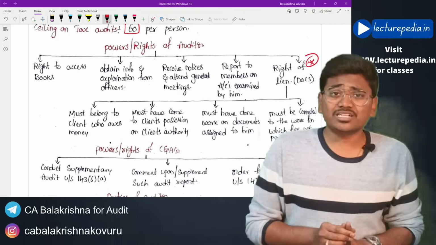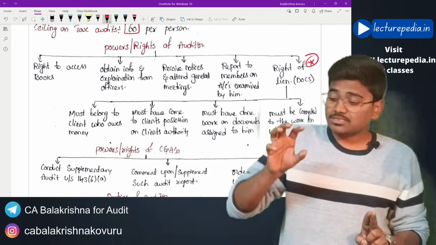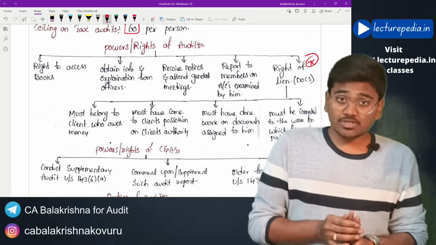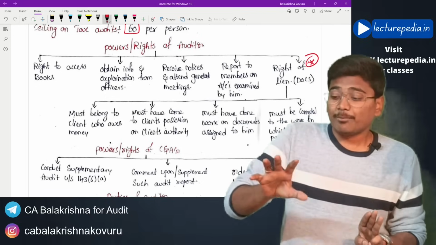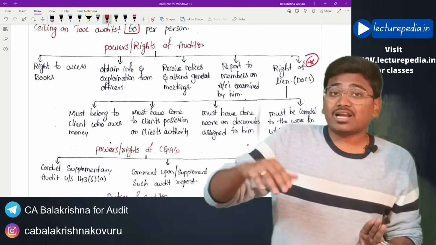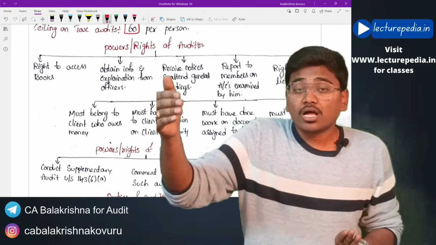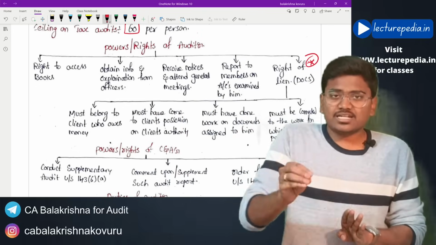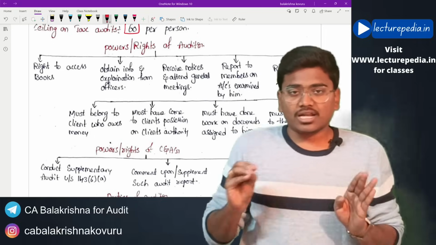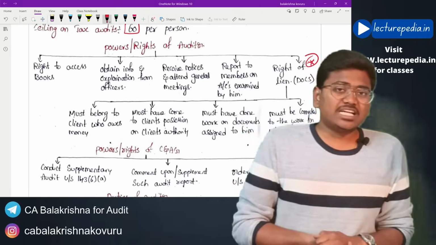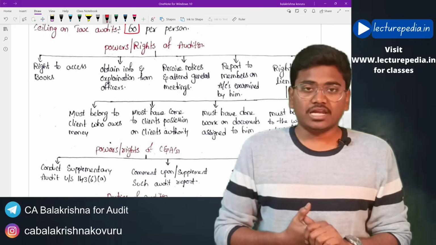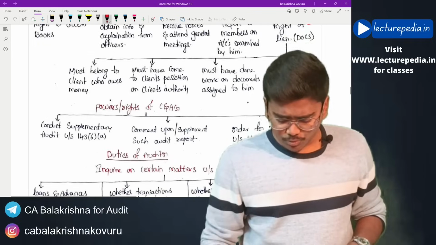The next condition, he should have conducted some work on those books of accounts. Third, those books of accounts must be related to the client from whom the fee is due. And finally, there should be a certain amount of fee due from the client. Only if these four conditions are satisfied, the auditor can exercise his right of lien on the books of accounts.